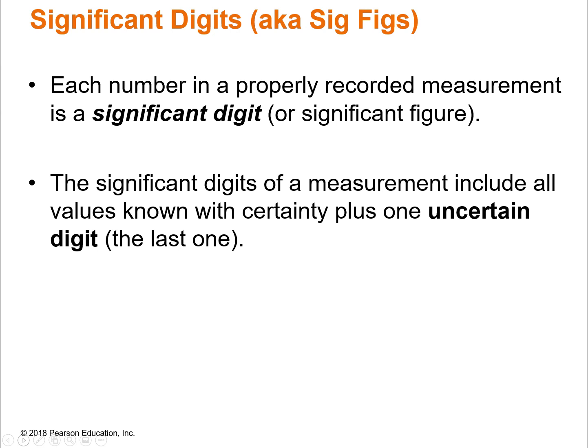Each measurement has a certain number of significant digits. And these significant digits are just all the numbers in a recorded measurement. I will call these sig figs because they are also sometimes called significant figures. When I learned this many moons ago, it was significant figures.